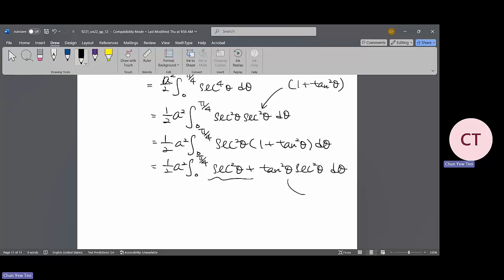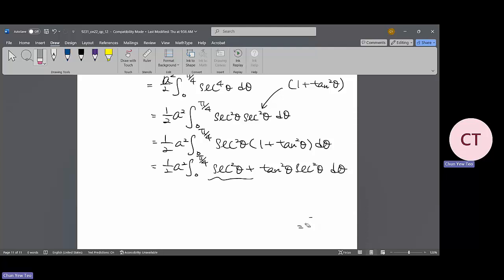This one we will need to use the power n rule, that is, f prime x times f x to the power n is equal to f x to the power of n plus 1 over n plus 1. Here the power is 2, because when we differentiate tan, we get sec squared. So you need to know it, based on practice.